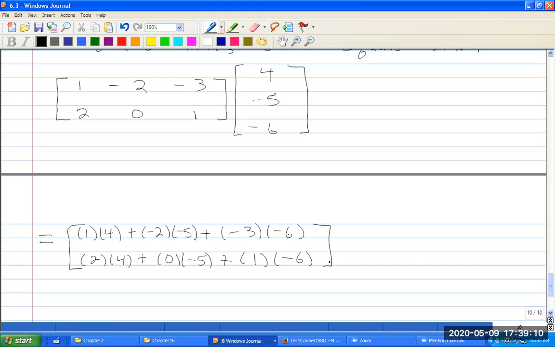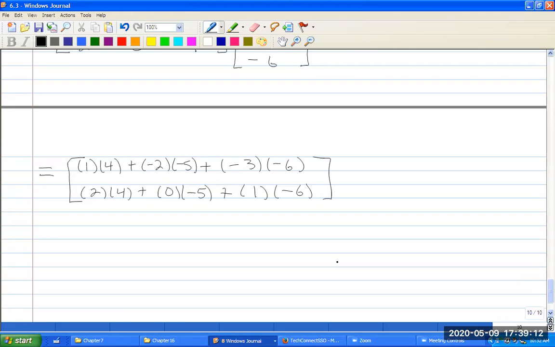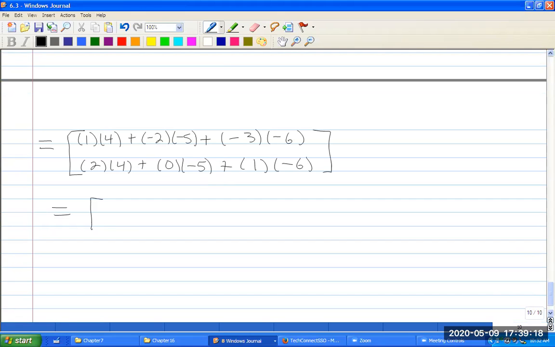So this is equal to 4 plus 10, 14 plus 18, 32. 8 plus 0 minus 6. 8 minus 6 is 2.